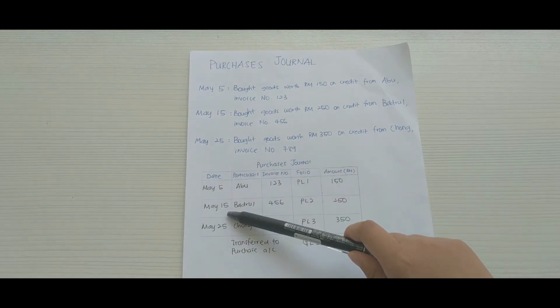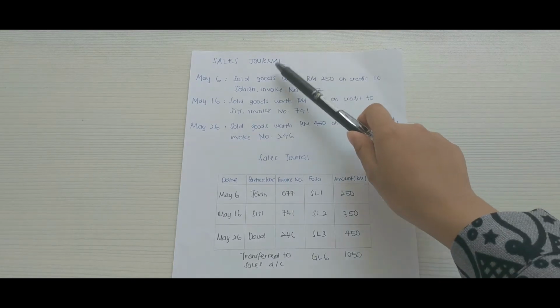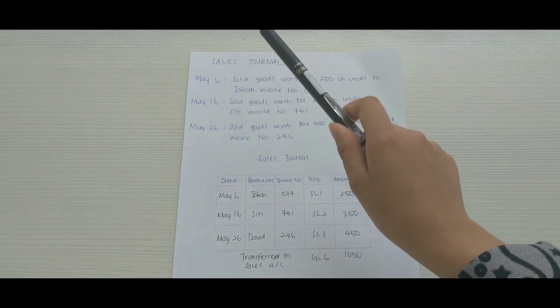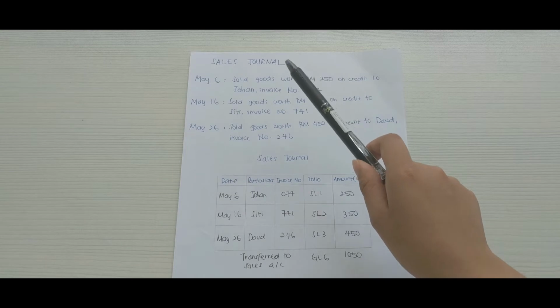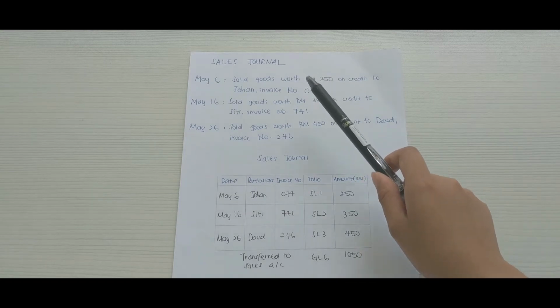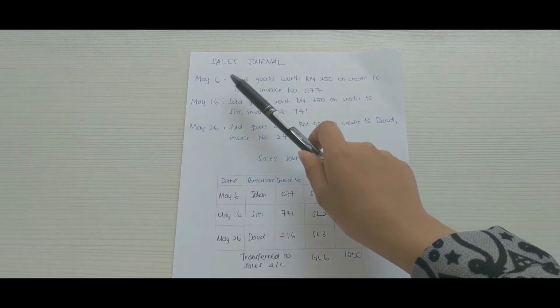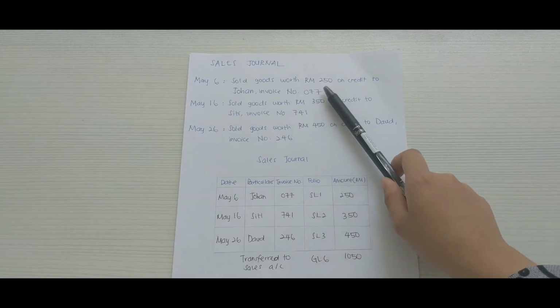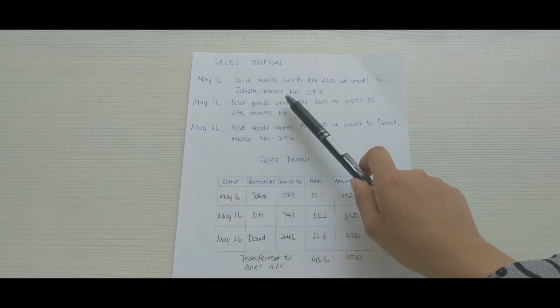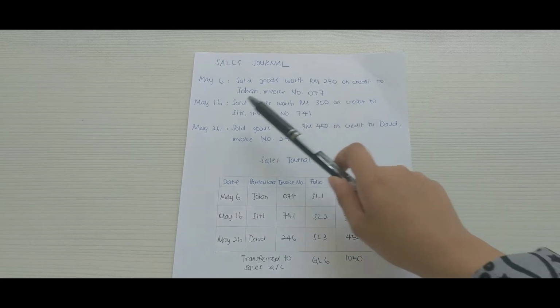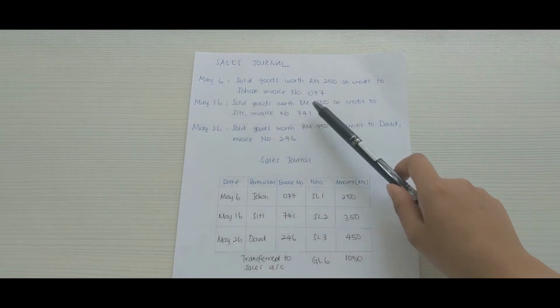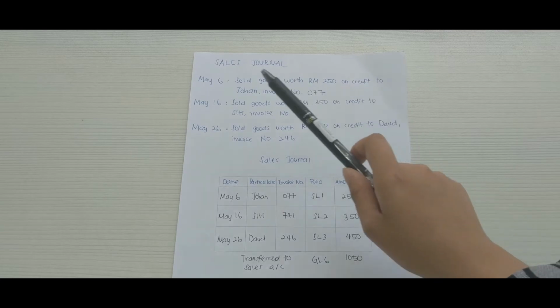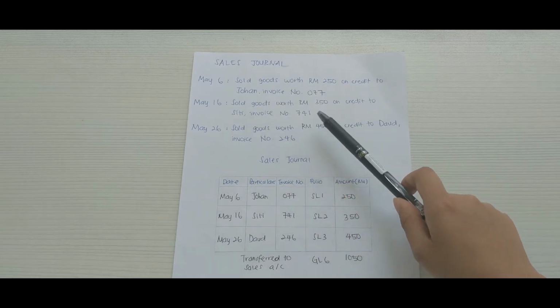Next we have the sales journal. The sales journal is used to record sales transactions on credit. For example, May 6, sold goods worth 250 ringgit on credit to Johan, invoice number 077. May 16, sold goods worth 350 ringgit on credit to Siti, invoice number 741.